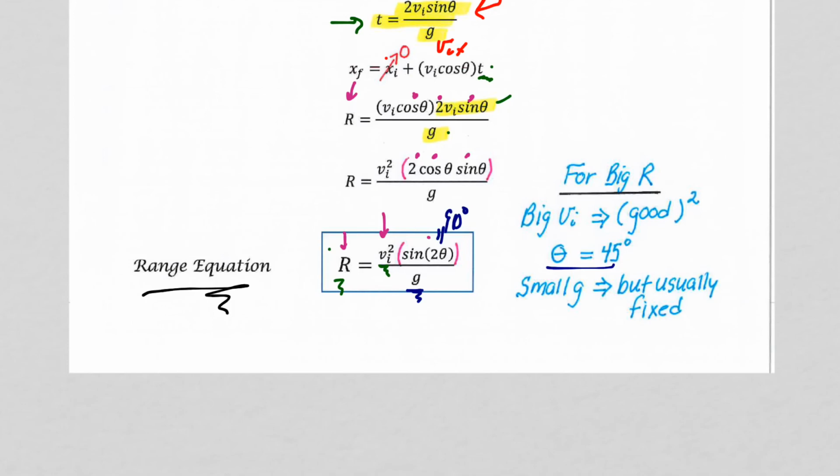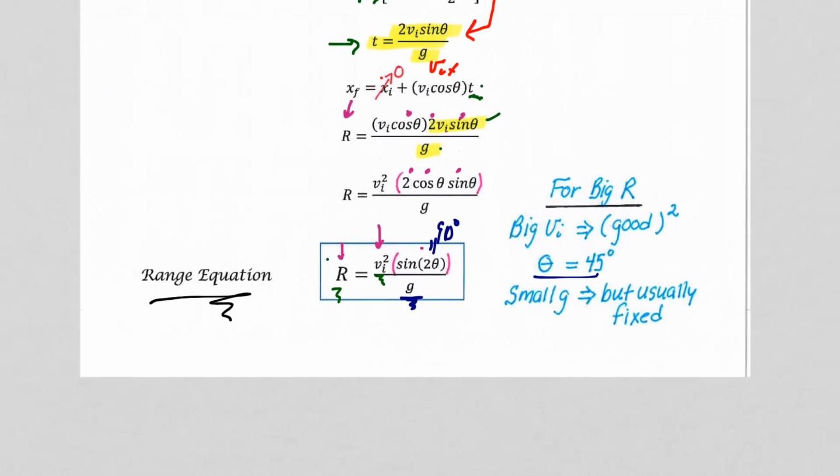Sometimes on multiple choice questions or on a test, they'll ask you to compare a cannon here on Earth to a cannon on the moon. Well, the moon has a gravitational value that is about 1/6 the Earth's gravity, so your moon cannon would go 6 times further. So if they're going to change g on you, a smaller g value lets it go further, and that makes sense, I hope, because gravity is going to bring that cannonball back down to the ground. The stronger it is, the faster it brings it back down, and the weaker it is, the longer it lets it stay up in the air.